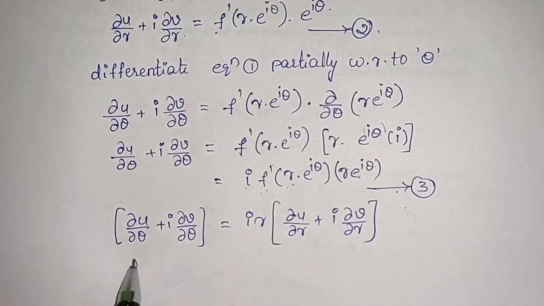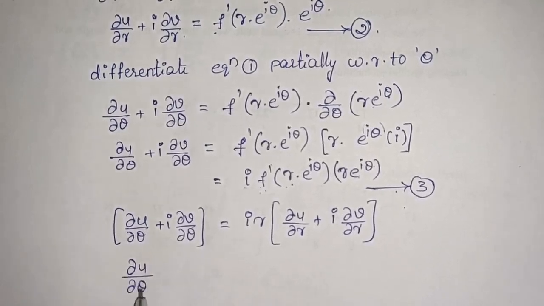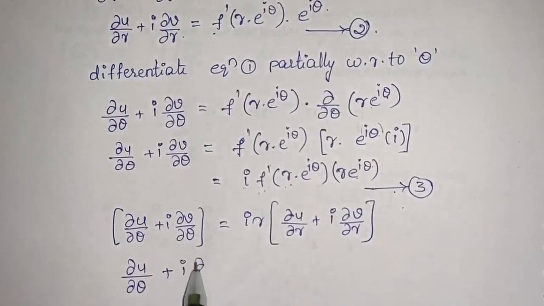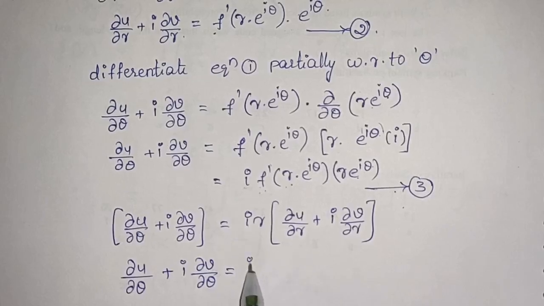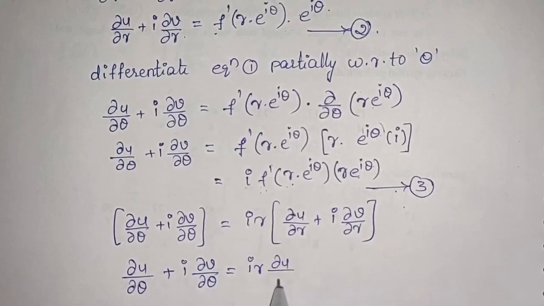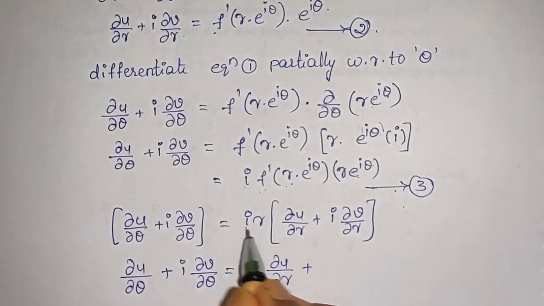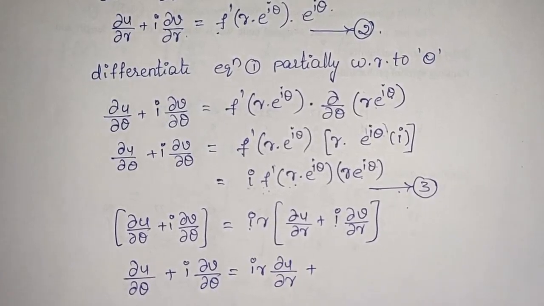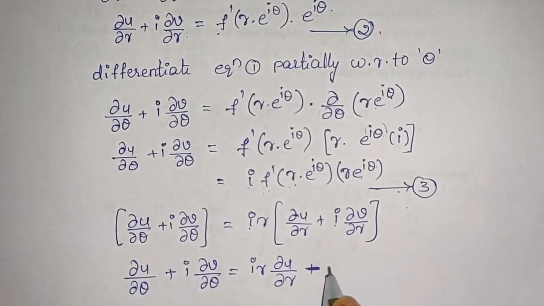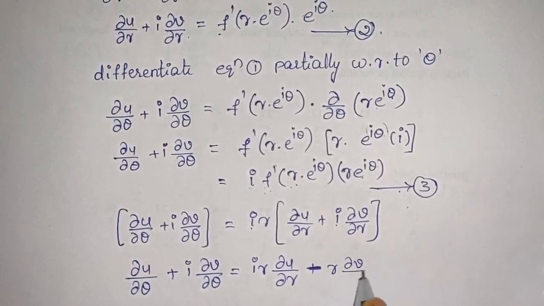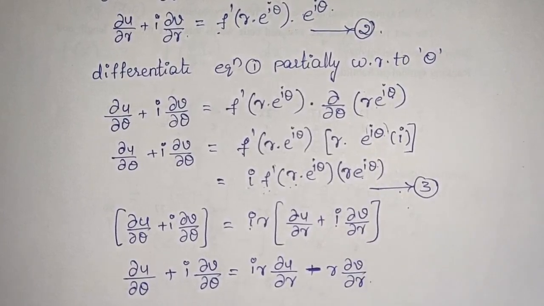So by multiplying internally we'll get ∂u/∂θ + i ∂v/∂θ equals i r ∂u/∂r + i·i ∂v/∂r, where i² is minus 1, right? So it will be minus r ∂v/∂r.